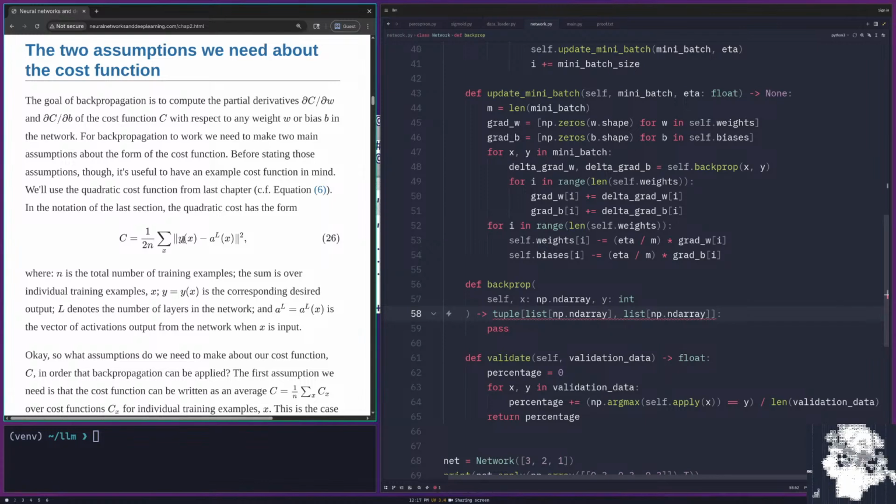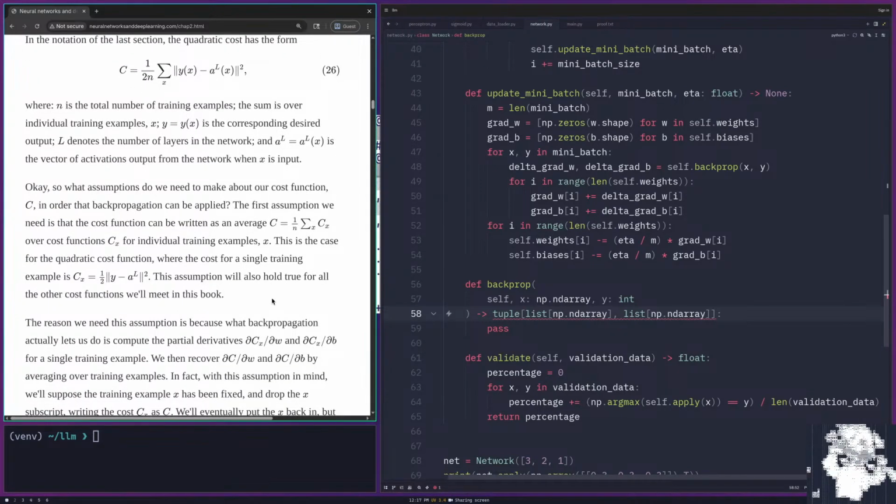Where n is the total number of training examples, the sum is over individual training examples x, y equals y of x is the corresponding desired output, L denotes the number of layers in the network, and A of L equals A of L of x is the vector of activations output from the network when x is input.